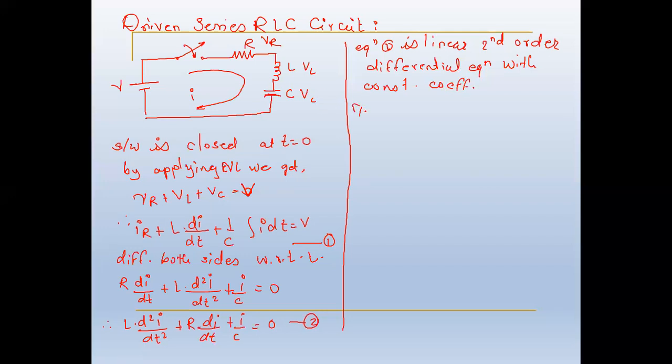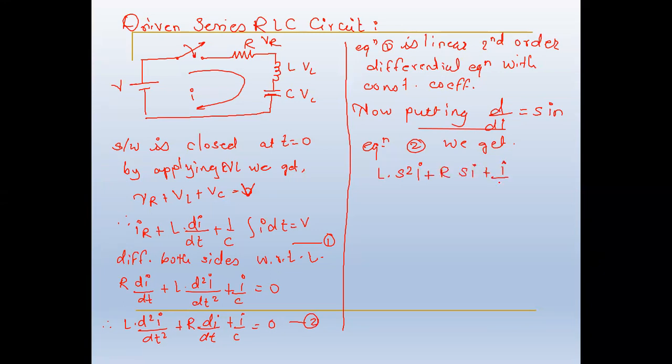Now, putting d by dt equal to s in equation 2, we get L into s square into I plus R s I plus I by C is equal to 0. Therefore, it will be L into s square plus R s plus 1 by C into I, with I taken as common.